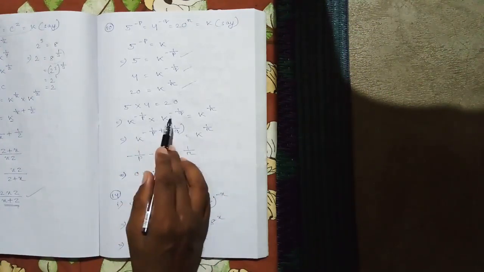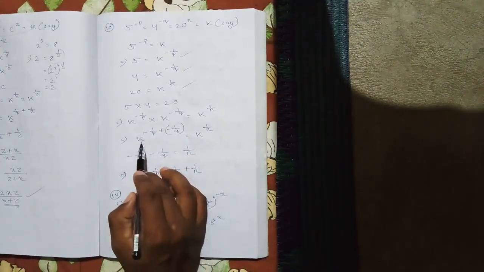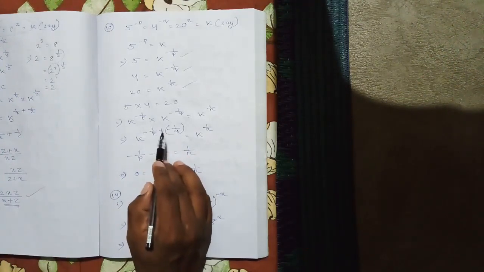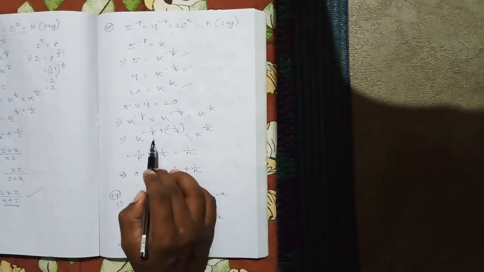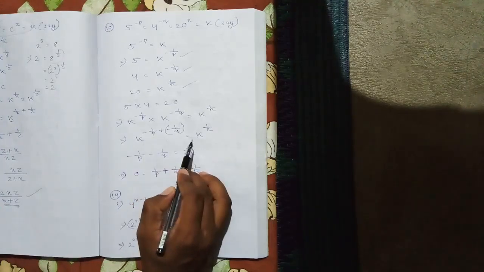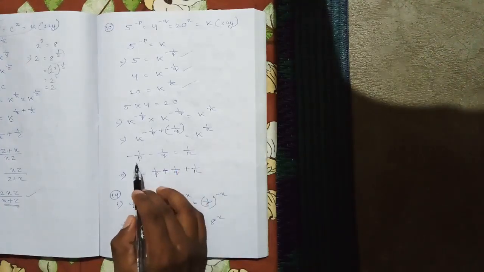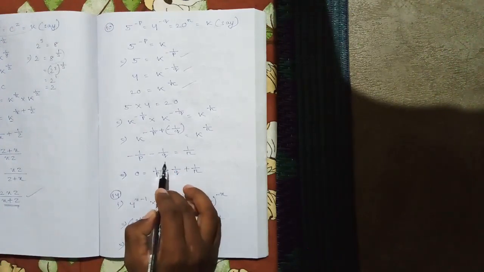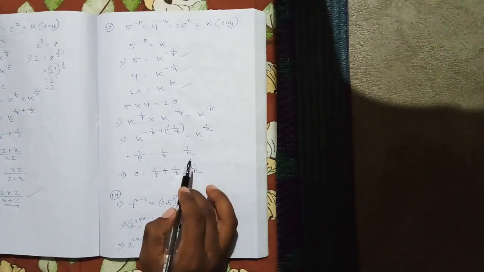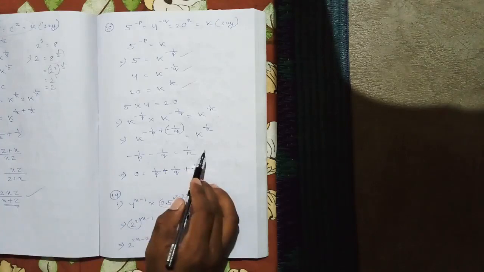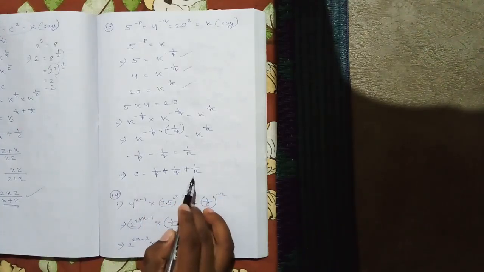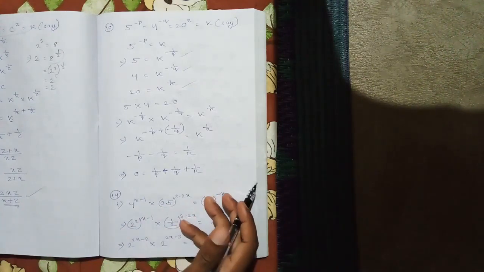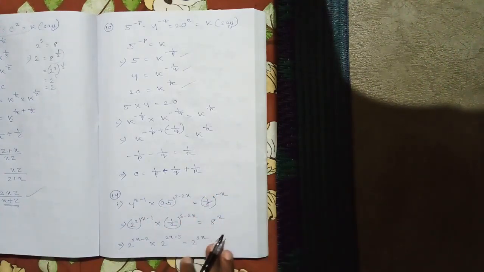Now you can use the product law here, we can add the powers. So k^(-1/p + -1/q) = k^(1/r). Now base same, k, so we can equate the powers. -1/p - 1/q = 1/r. Take everything to the right. So 0 = 1/p + 1/q + 1/r. This we have to prove. Hence it is proved.